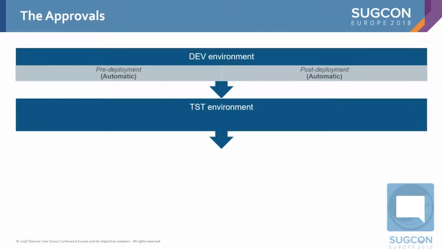Then it comes more interesting as we go to the testing environment. So the pre-deployment of the testing environment is approved by the development team. So only when we say, okay, now we're ready to push all this to test, that's when this release will continue and push on to test.